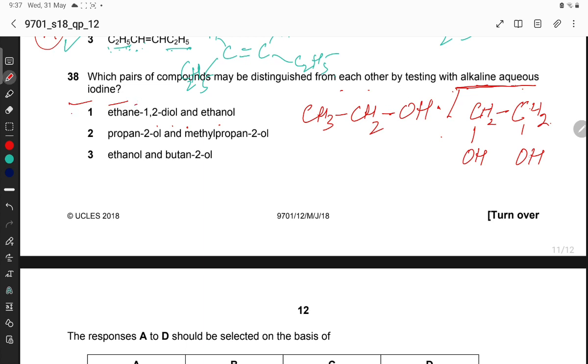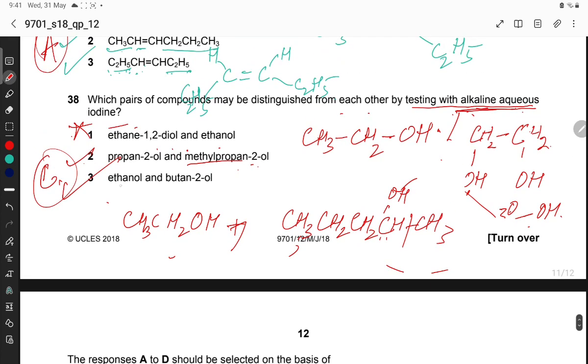So they cannot be differentiated using alkaline aqueous iodine. So option C is correct, because both will give a positive test with alkaline aqueous iodine. Only this cannot be differentiated. These two compounds cannot be differentiated using alkaline aqueous iodine.